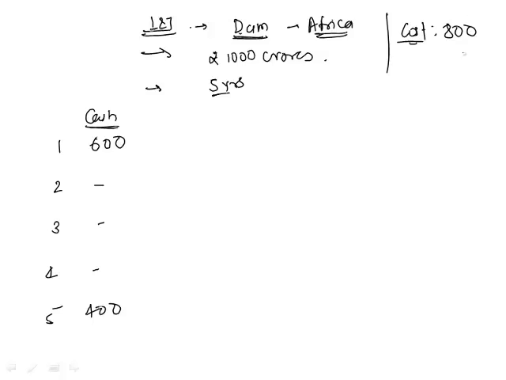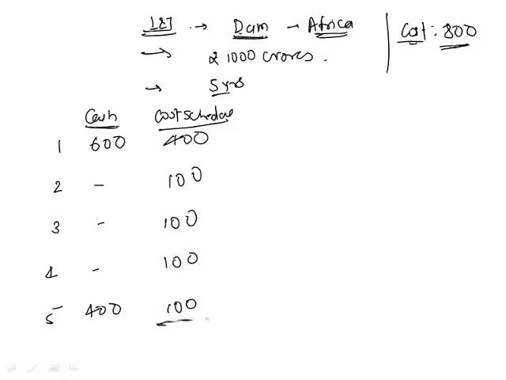For example, total estimated cost by L&T is 800. Let's say we have a cost schedule now. First year they expect to incur 400, then 100, 100, 100 and 100. That's how we get a total cost of 800. So we can calculate a percentage of completion based on this data.